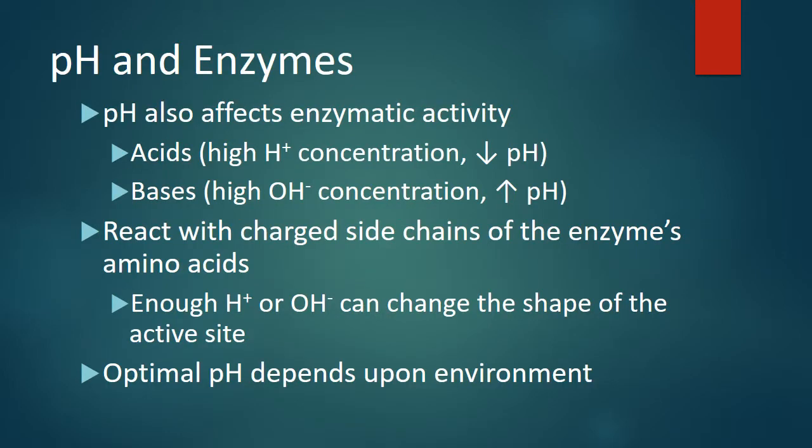So we talked about temperature affecting enzymes. Well, pH affects enzymes in similar ways. However, the curve is a little bit different. So recall that heat was more like a slope with a drop off. It's more like a cliff here. Whereas the pH is more of a gentle parabola.